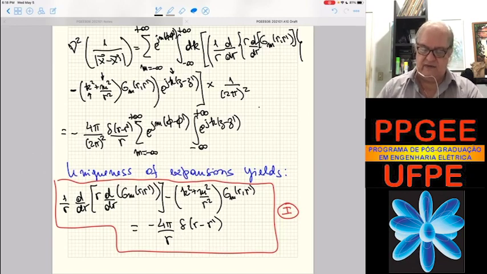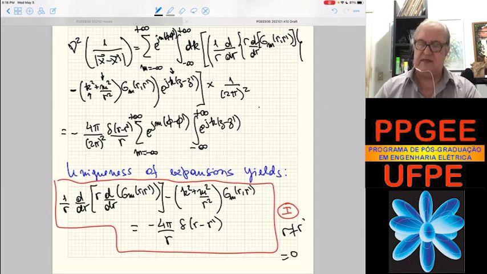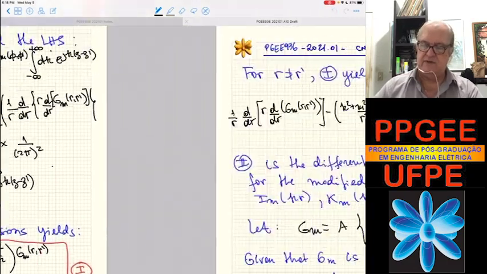Well, let's start solving it for r different than r prime. So we have a homogeneous solution. The right hand side gives 0, and the left hand side gives 0, and then we have this differential equation here.